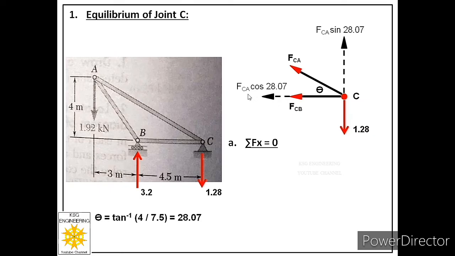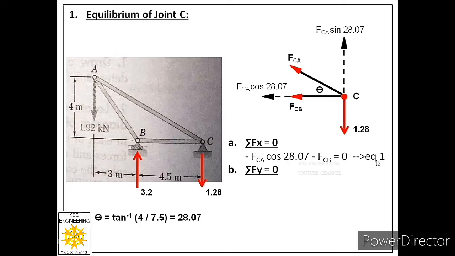There are two forces, FCB and FCA cos 28.07, and both are acting towards the left direction, so we have to consider their sign negative. So the equation will be minus FCA cos 28.07 minus FCB equal to 0. In this equation we have two unknowns, so we cannot solve it. So let us call this equation number 1 for the time being.